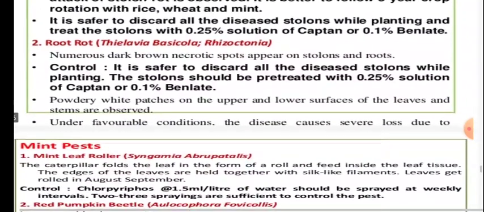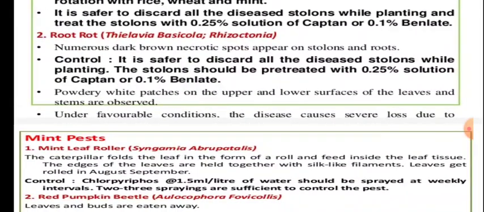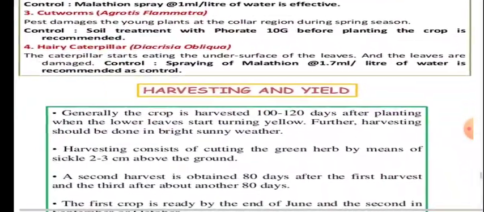Then root rot, Thielaviopsis basicola, it is a Rhizoctonia. So dark brown necrotic spots are appearing on the leaves. And for control, the stolons are generally treated before planting with 0.25% solution of Captan or 0.1% Benlate fungicide, right? So all these are the fungi.